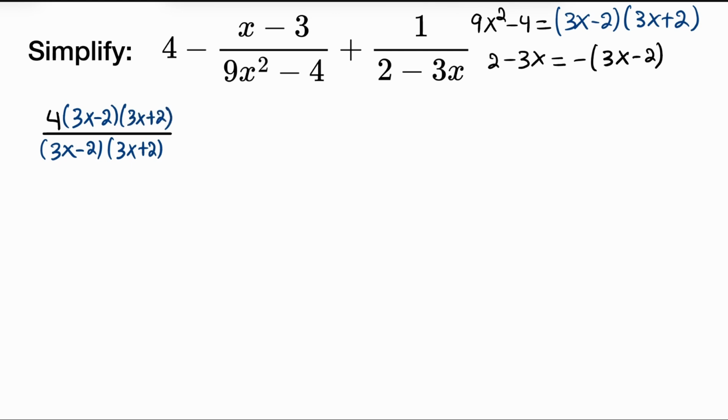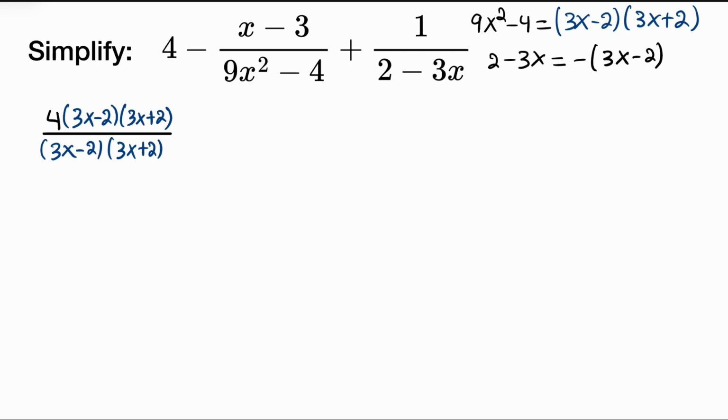Okay, and so now we have 4 times 1. So we did not change this value at all, right? Because we're multiplying 4 by this fraction that you see here. Okay. Now let's move over to x minus 3 divided by 3x minus 2 times 3x plus 2.